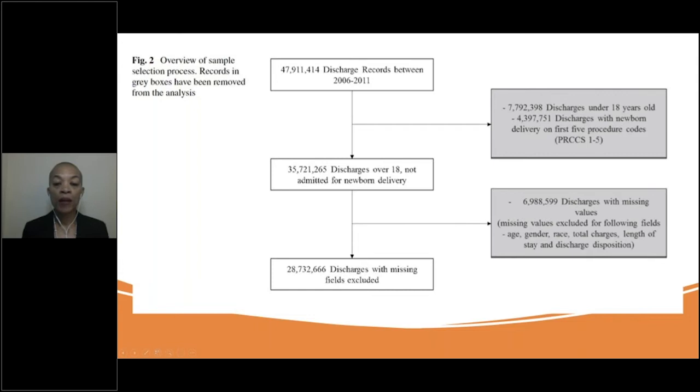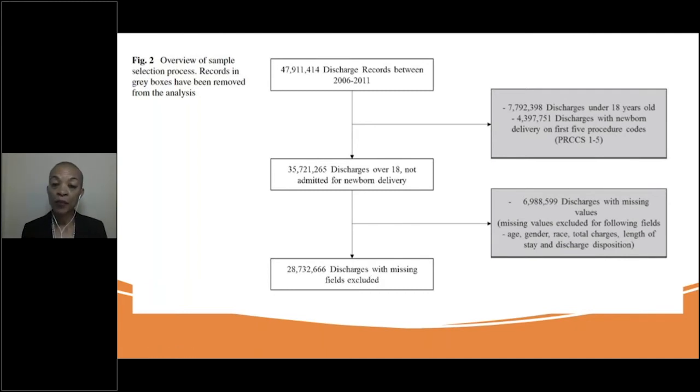We whittled down, this is sort of a schematic to say, we are not really going to look at anyone that's admitted for new birth or newborn delivery, anyone that is less than 18. And as you can see, we had a number of discharges with missing values that were excluded.